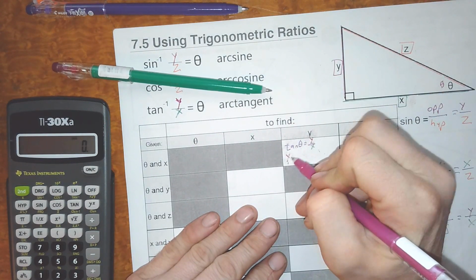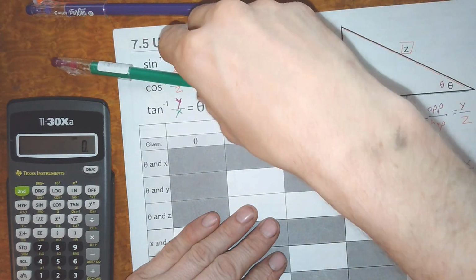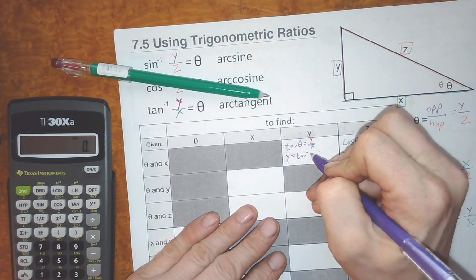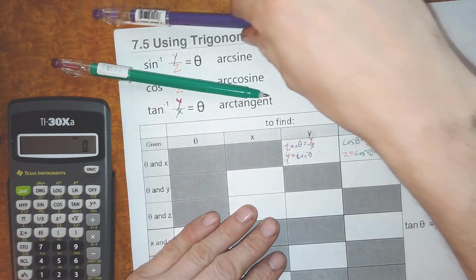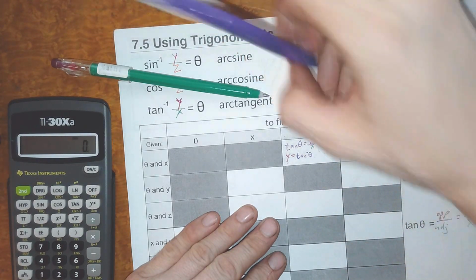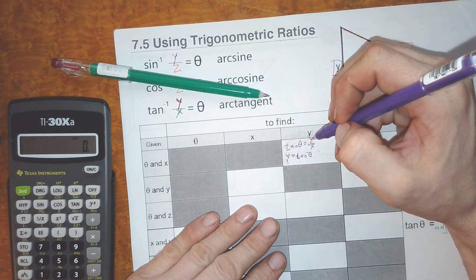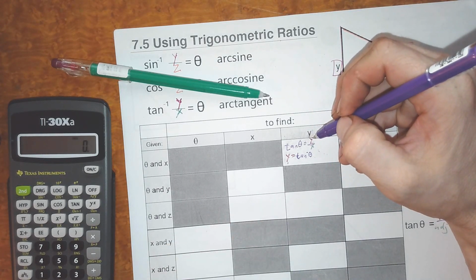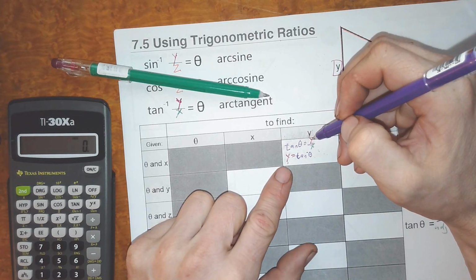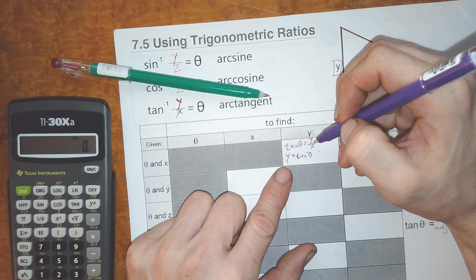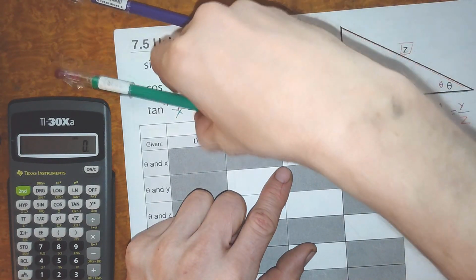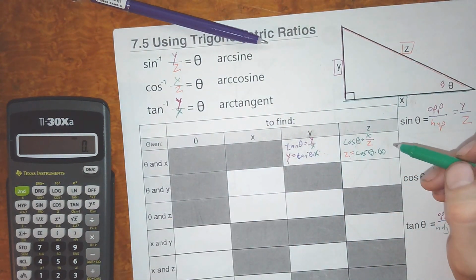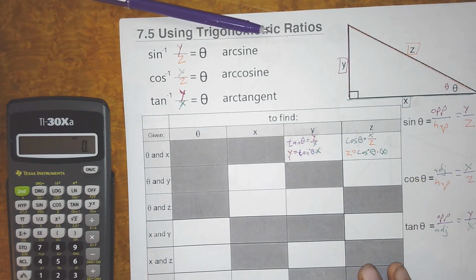Y equals the arctangent of theta times x. Okay, so that is how you'd figure that one out.